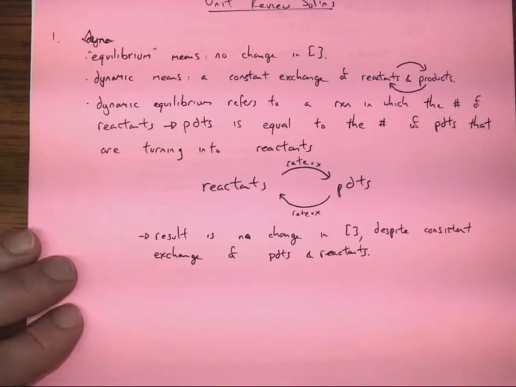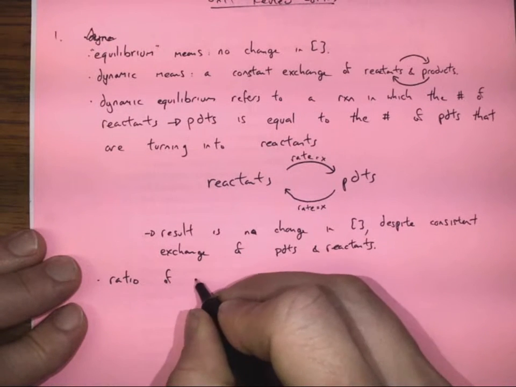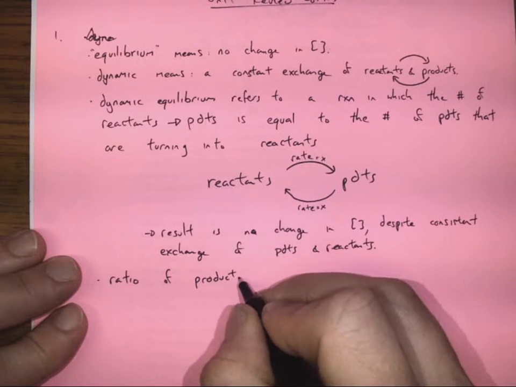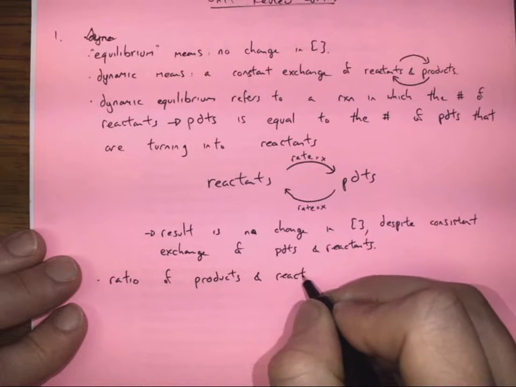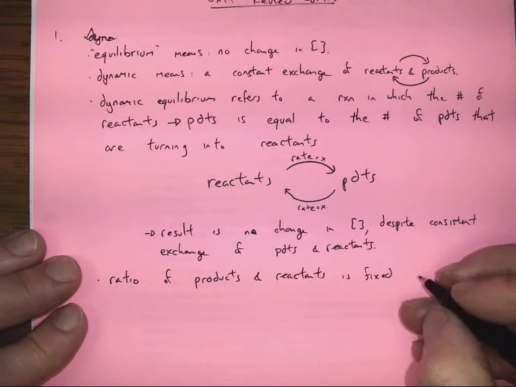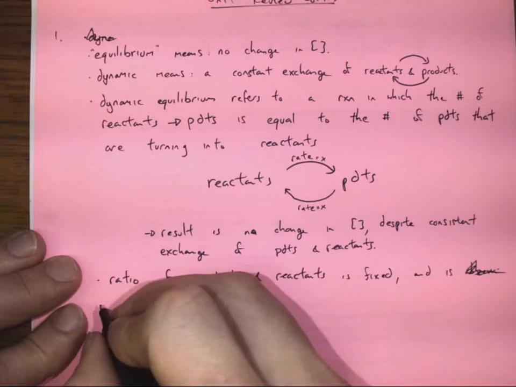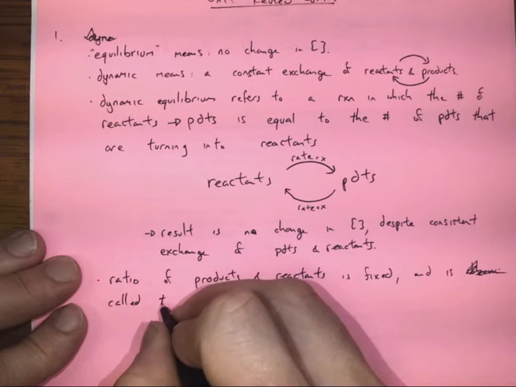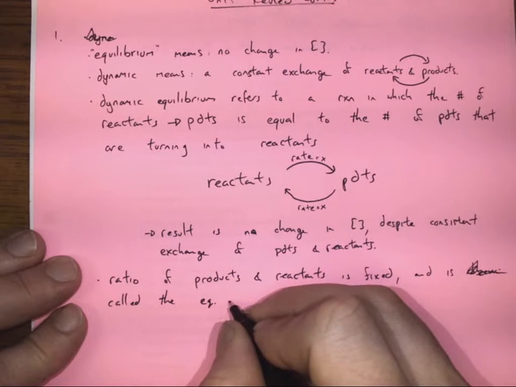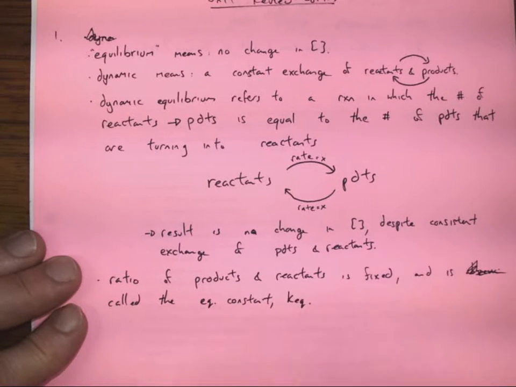There are a couple other ideas. The ratio of products and reactants is fixed and is called the equilibrium constant, KEQ.